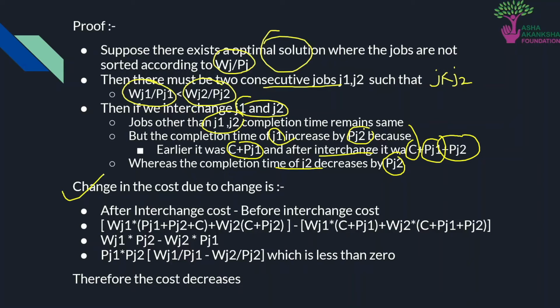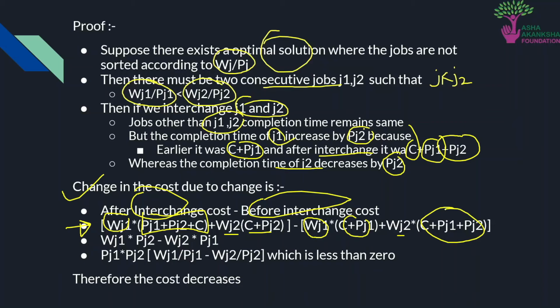Let us see the change in the cost. I am subtracting the before-interchange cost from the after-interchange cost. The after-interchange cost will be the weight of J1 times its completion time, which is Pj1 plus Pj2 plus C, where C was the starting point of J1, plus the weight of J2 times its completion time. Similarly, the before-interchange cost will be the weight of J1 times its completion time, plus the weight of J2 times its completion time.